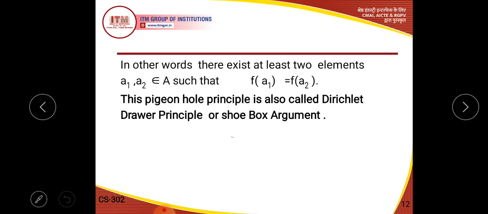So, there exist two elements in set A, and we give them the names A1 and A2. Both the elements in set A must be related to only one element in the set B. In other words, the images of A1 and A2 in the set B are the same.